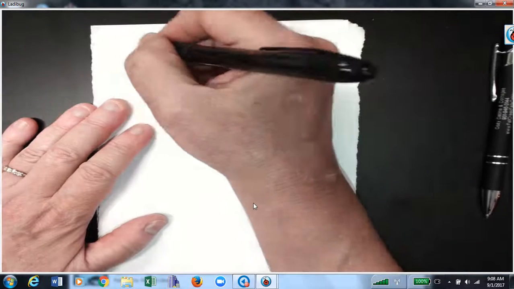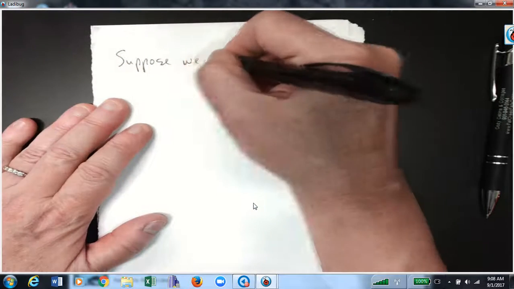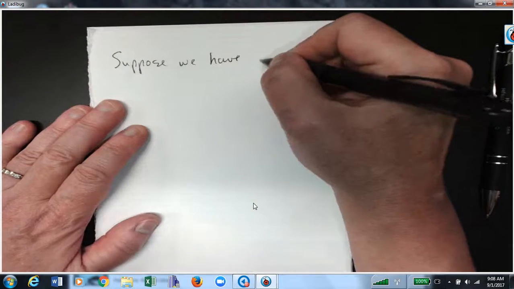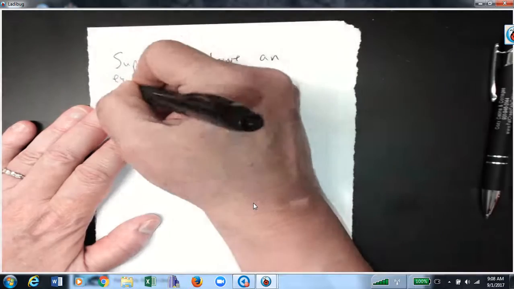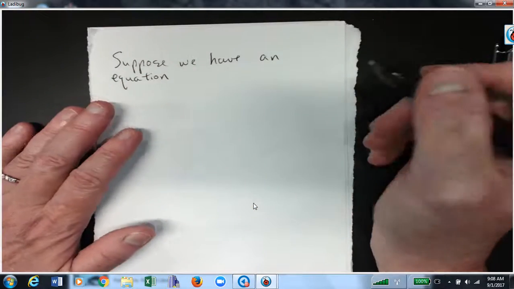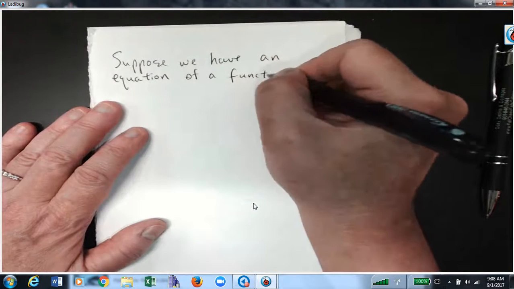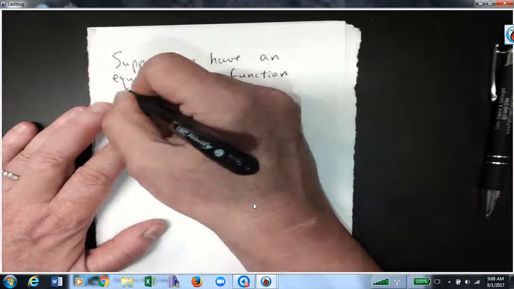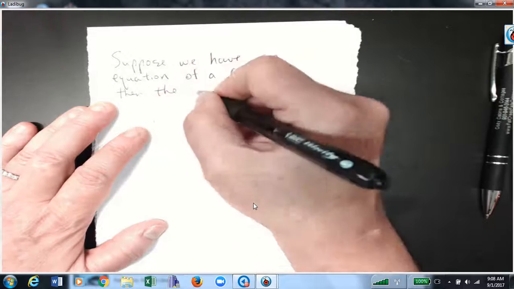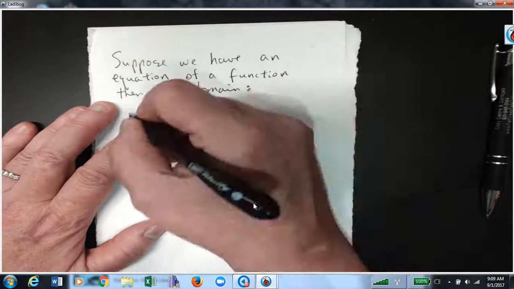So suppose we have an equation of a function, not a pictorial representation and not a set representation. Then the domain is going to be as follows.